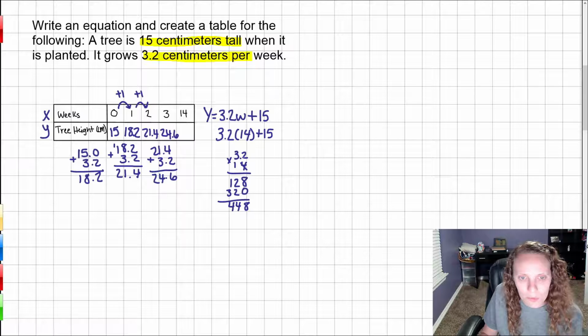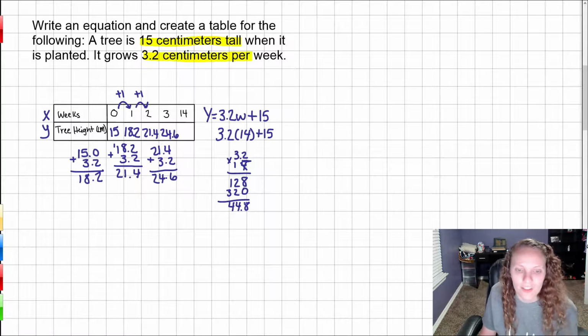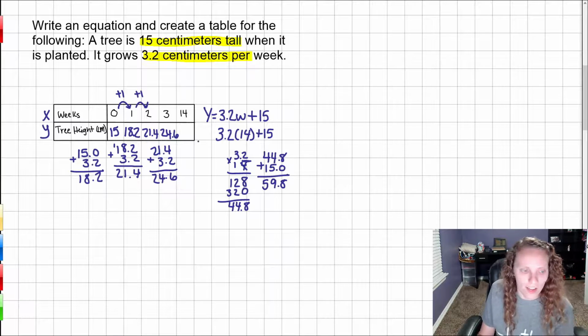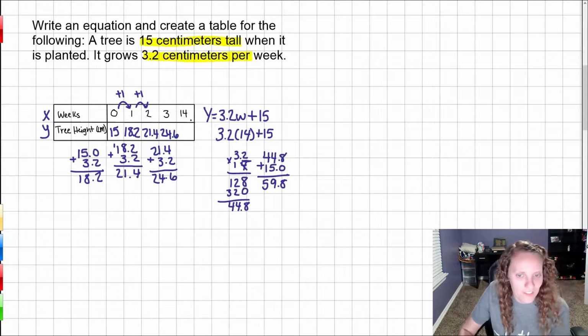And then our decimal goes one place after. So that's 44.8, but then we need to add the 15. Bring down the decimal. And so the height of this tree would be 59.8.